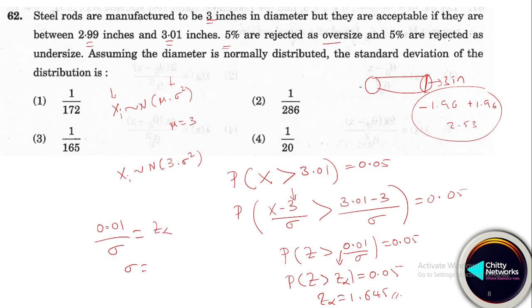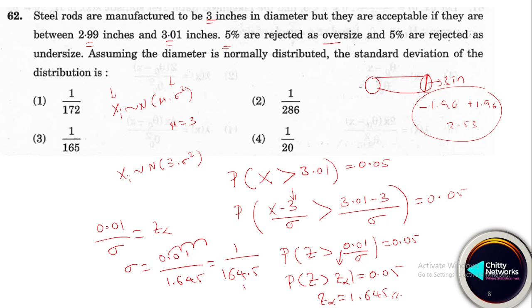So sigma equals 0.01 divided by 1.645. We shall multiply the numerator by 1000 so it becomes 10, or multiply by 100 so that here we get 164.5.